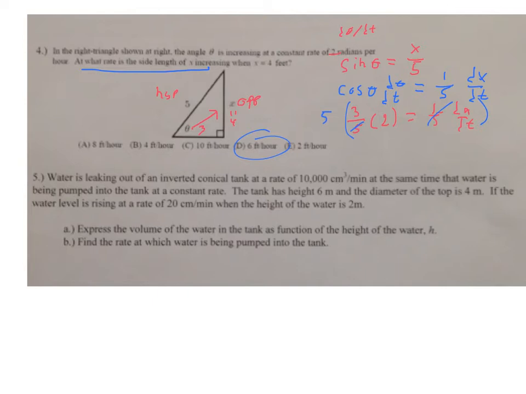Okay, so let's draw a picture of what's happening here. The tank has a height of 6, and the diameter of the top is 4, so the radius must be 2.